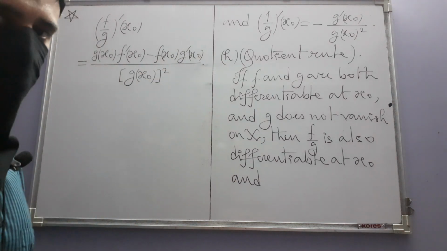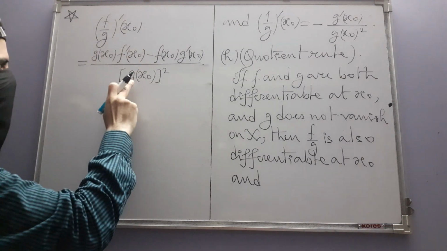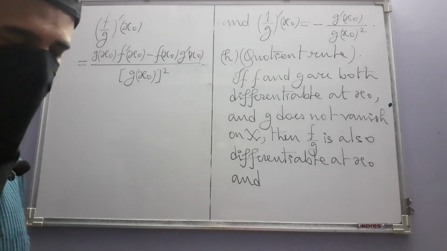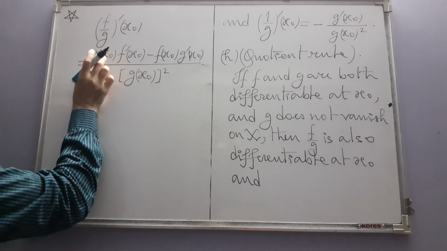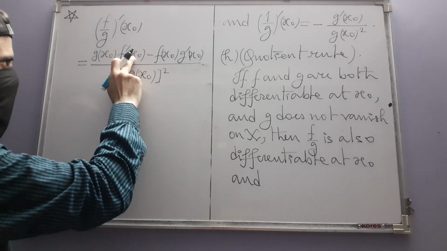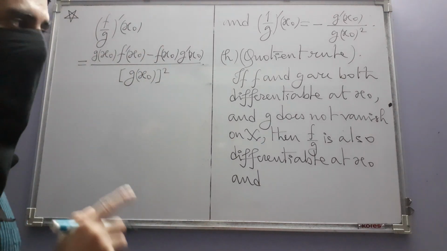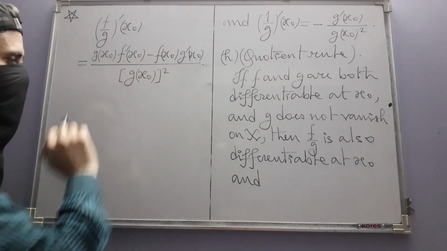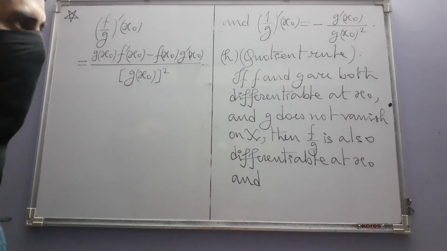Recall that we remembered this formula like this. The denominator function of course appears in the denominator and we need to square its value at x naught. And then when you look at the numerator, you do not do anything to g first. You differentiate f, but then you keep f intact and differentiate g. And unlike the product formula where you have a plus sign in the middle, here you have a minus sign.